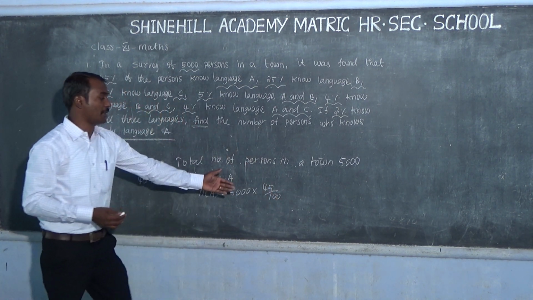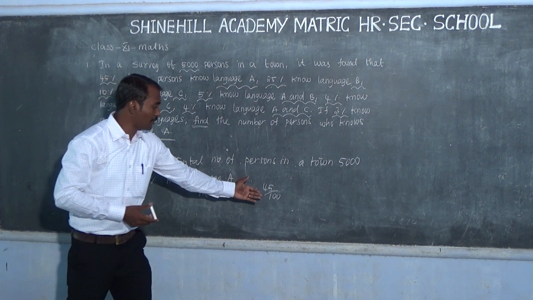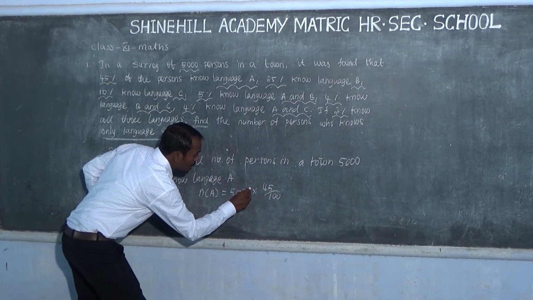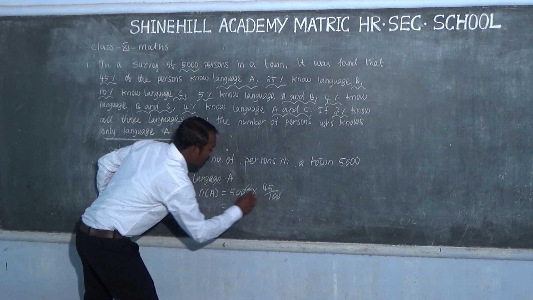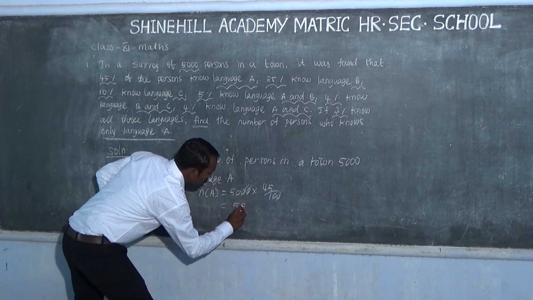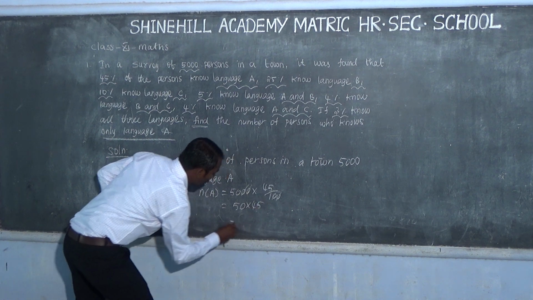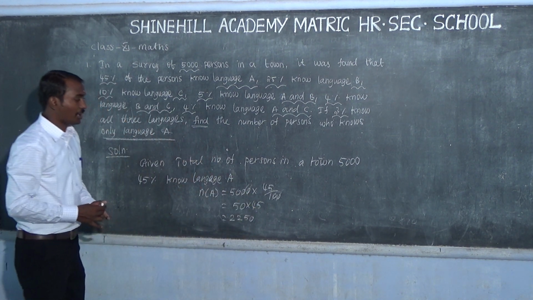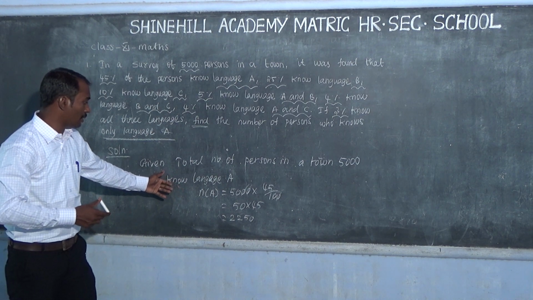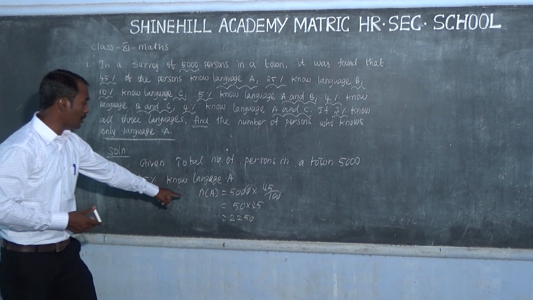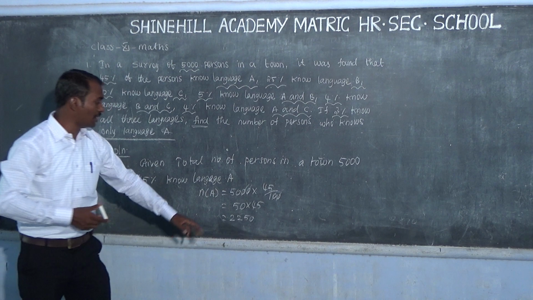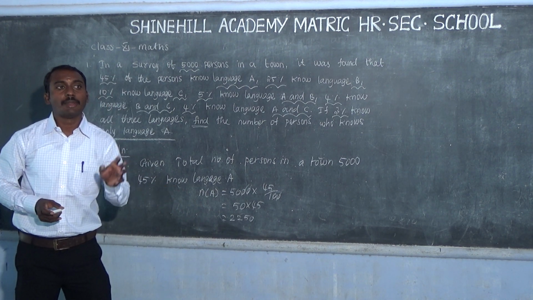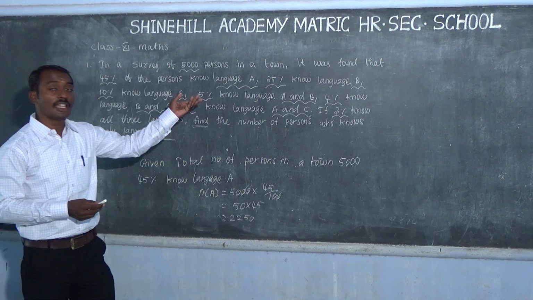If you cancel the zeros, 50 into 45, the total value is 2,250. Are you able to understand? So we find that totally 2,250 members know the language A.